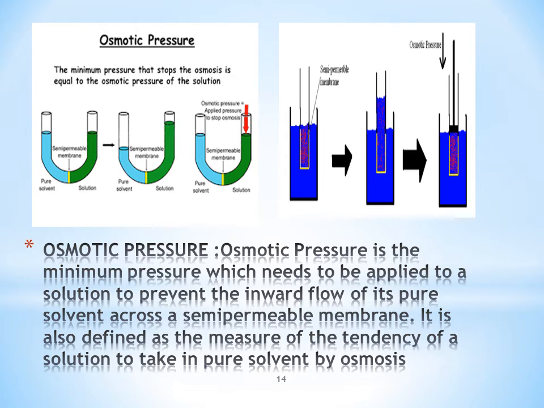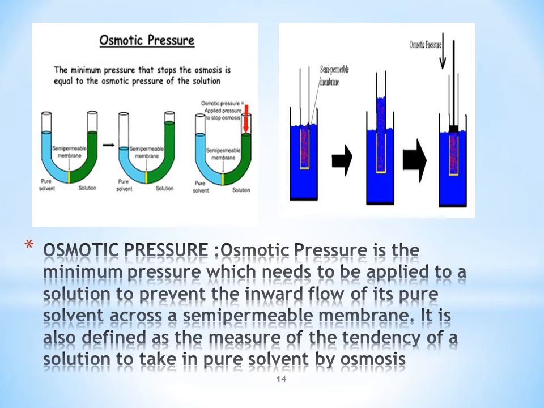In both diagrams, I try to show how that osmotic pressure is applied. On your left hand side, the first U bend tube is shown. There the osmosis has just started. After some time interval, when osmosis is completed, the increase in the green color solution in the U tube shows that the process of osmosis has occurred.